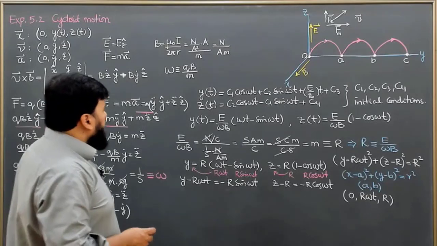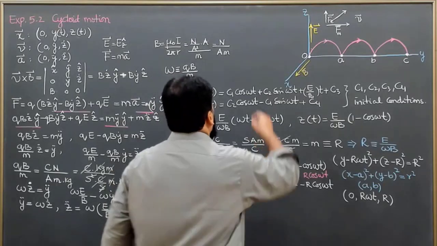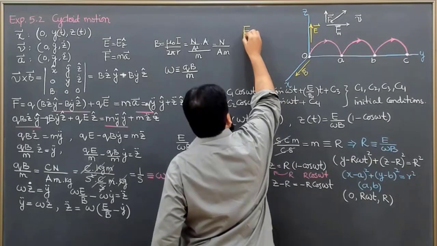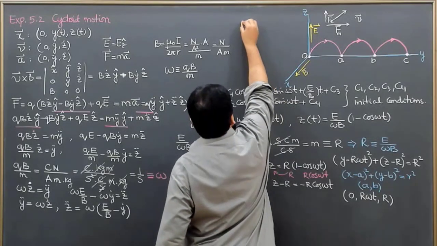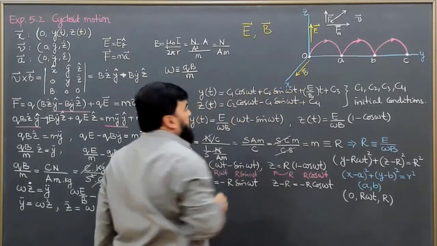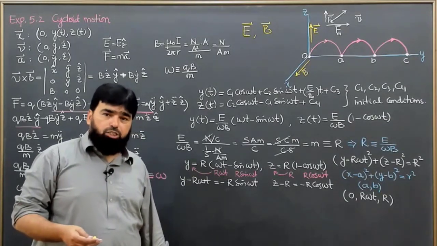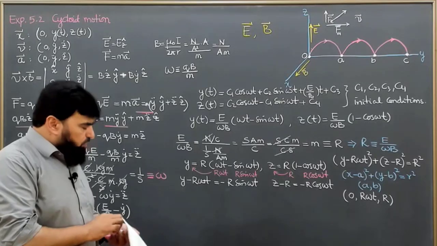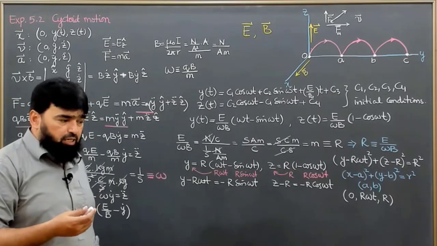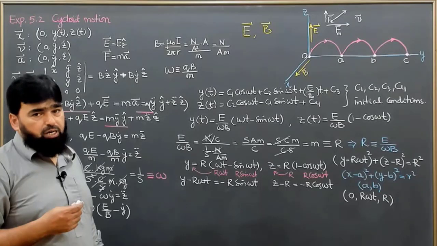Now, one thing between E and B here, we say that the electric field accelerates a charged particle, means it moves a charged particle, while the magnetic field cannot move a charged particle but can change the direction of motion of the charged particle. So, in other words, the electric field can accelerate the charged particle, and the magnetic field does not accelerate the charged particle.